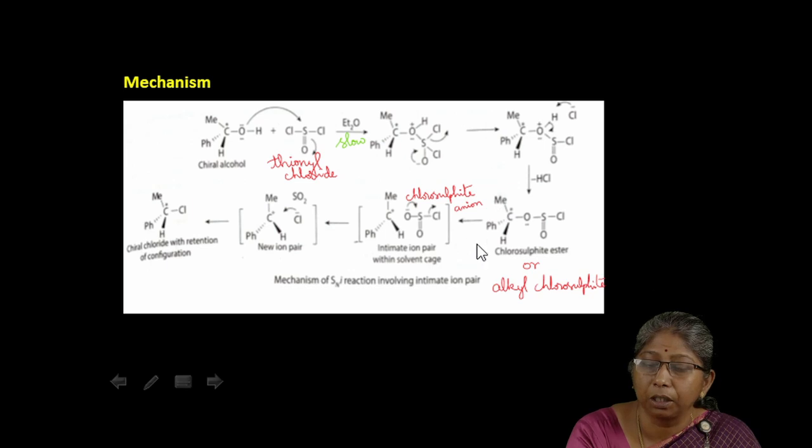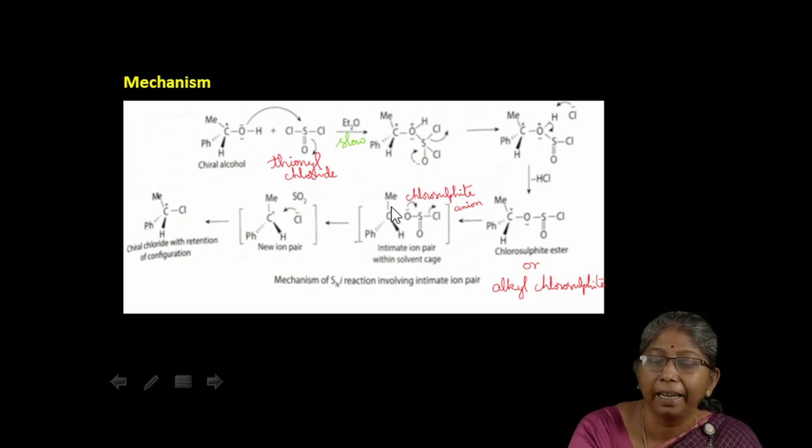Now coming to this chlorosulfite ester, in the second step it breaks from the carbon, forming a chlorosulfite anion and a cation called a carbocation. This carbocation and this chlorosulfite anion make an intimate ion pair within the solvent cage.